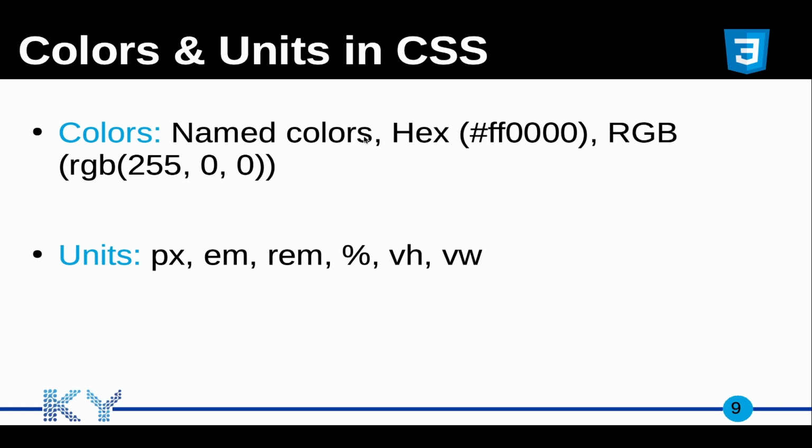So aside from named colors, we have the hexadecimal color system, which is a combination of alphabets and digits. The alphabets run from A to F, and the numbers are as wild as you can have them.